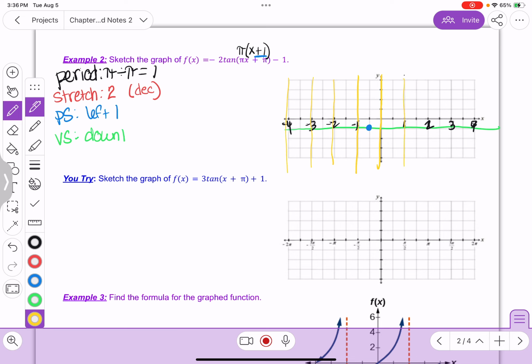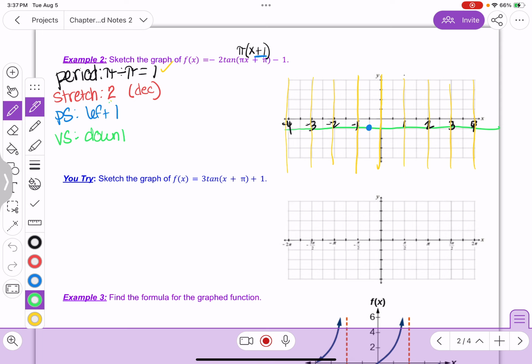-4. So if our period is 1, then what we're really doing is half on each side. So from that blue dot, we're going half on each side. So that's how I use my period. And then my stretch is 2.